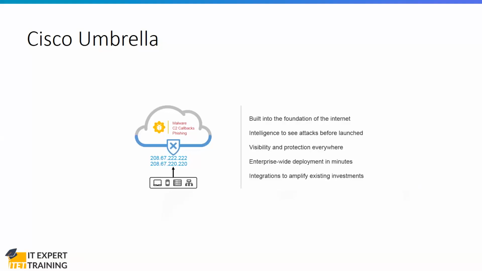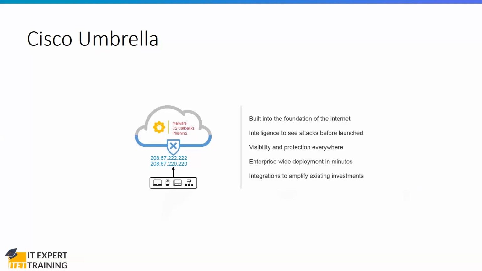That's the third benefit: everything is in the cloud, so it gives complete visibility to the location and user, whoever is going to the internet. Plus, it's one of the simplest security products to deploy and manage. So this is Cisco Umbrella.